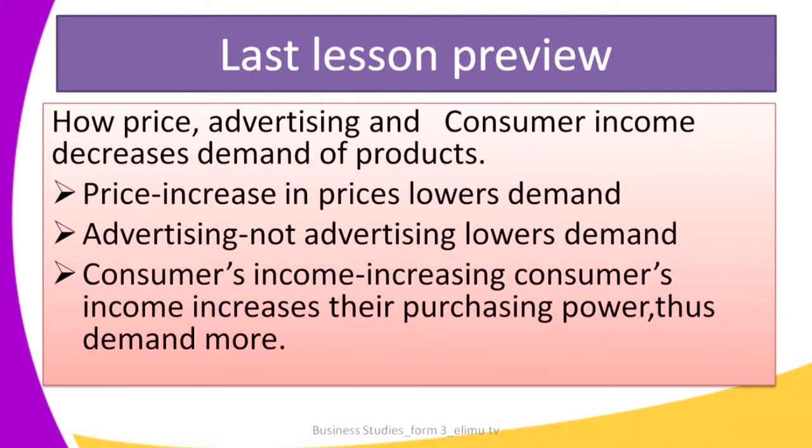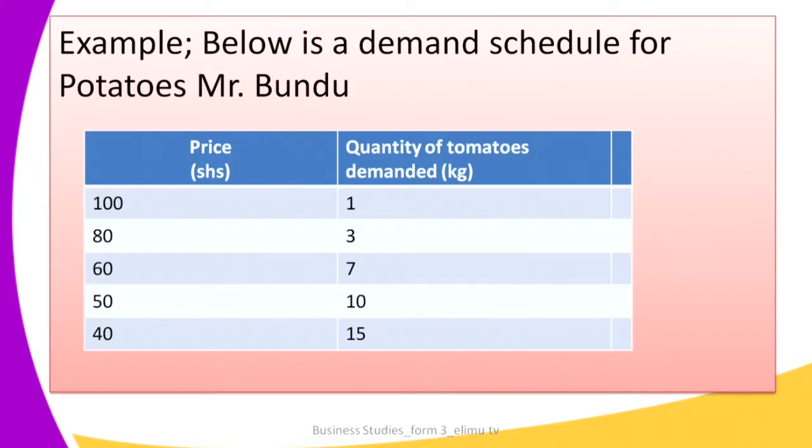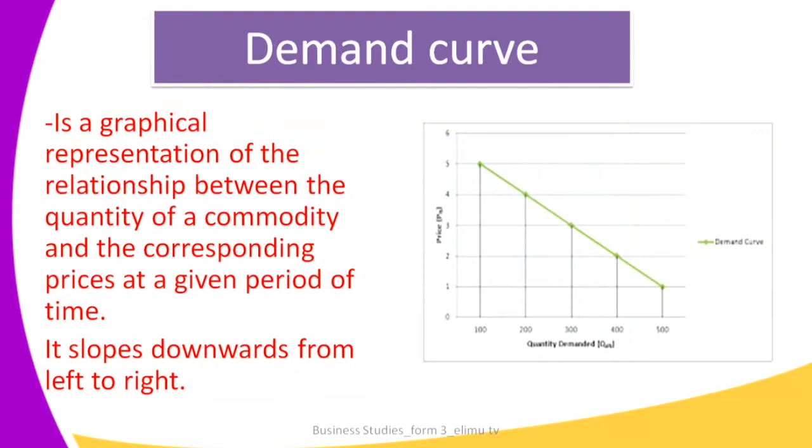If you look at when the prices are 40, Mr. Bundu is demanding 15 kilograms of tomatoes as compared to when the prices are at 100, he is only demanding 1 kilogram of tomato. So the higher the price, the lower the demand, and the lower the price, the higher the demand.